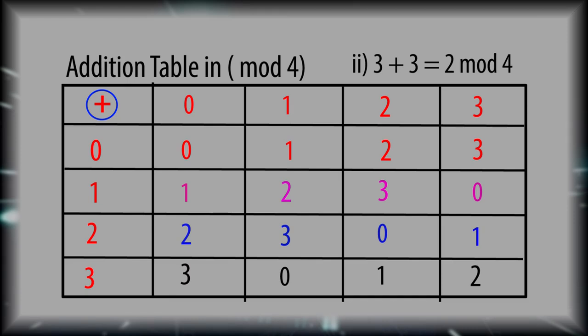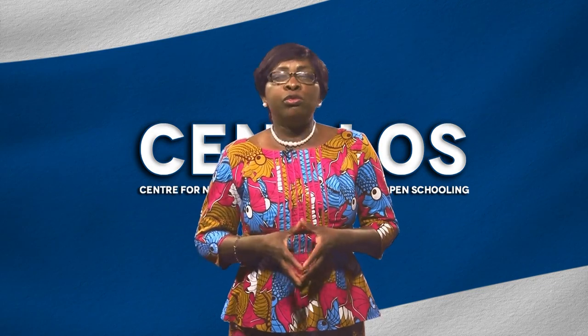Again, we want to use the table to find 3 plus 3 mod 4. So once again, look for 3 in the top row. Look for the second 3 below the addition sign. Where the column below the 3 and the row along the other 3 meet is where we will find our answer. And you can see that the answer is 2 mod 4. Very good.